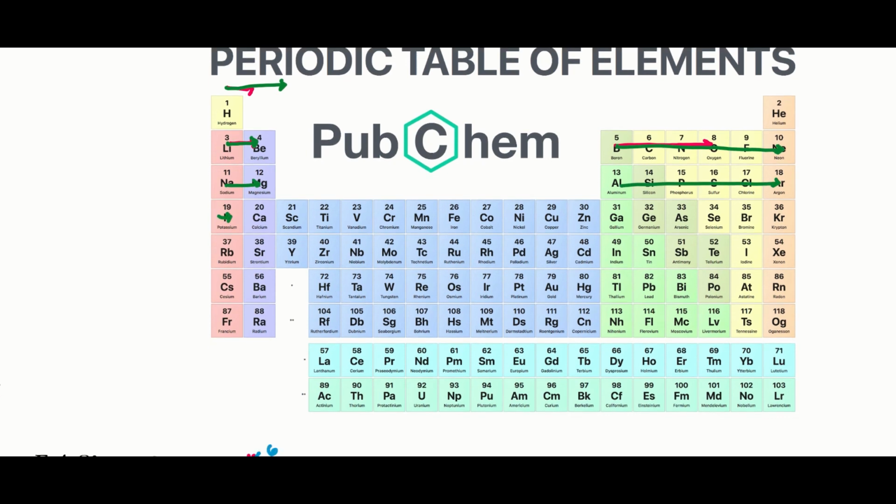So let me write it down here. Now notice potassium has a +1 charge. So what that means, and remember it's +1 because I don't include a number behind it, it's implied to be a 1 for us. So I have 4s1, so I need to remove an electron from the highest energy level, which is 4s right there.